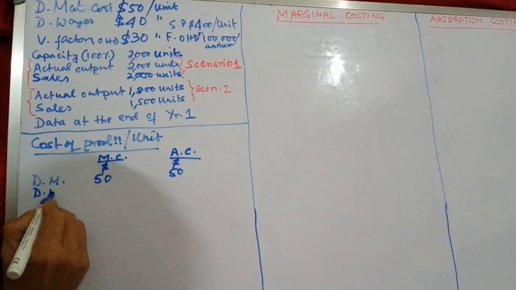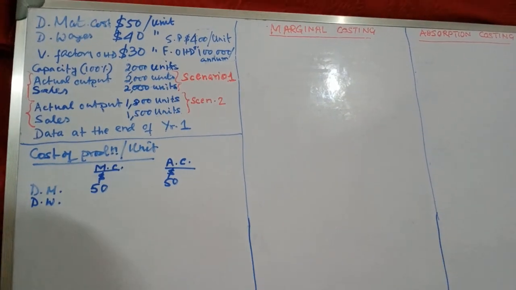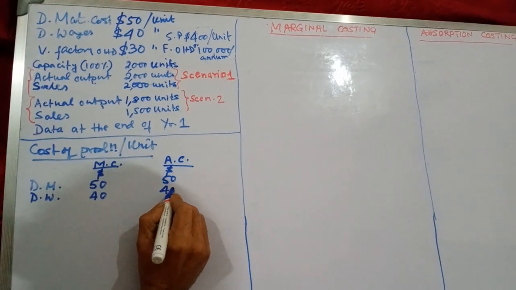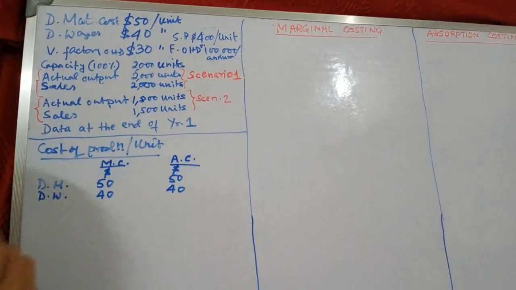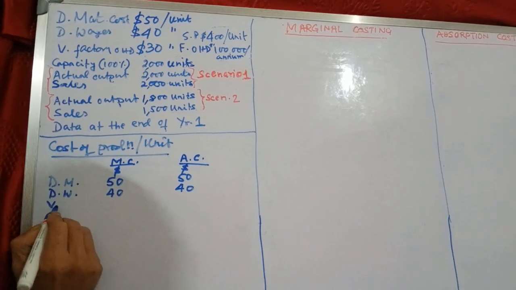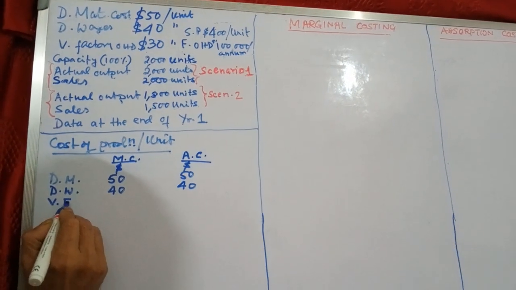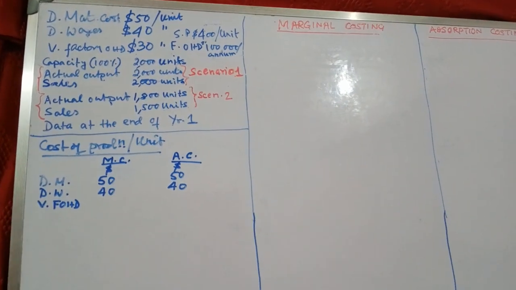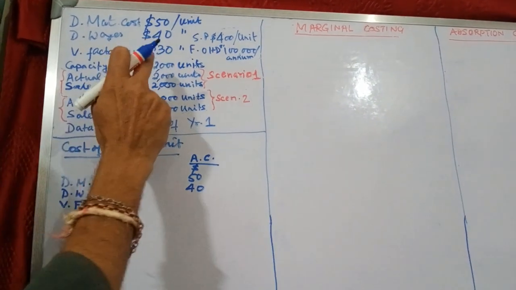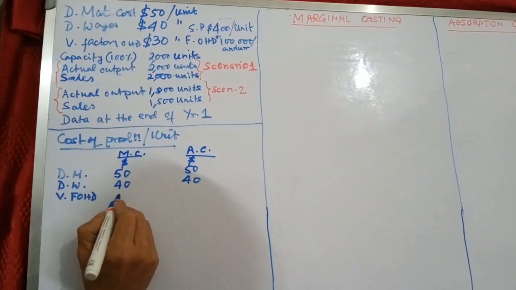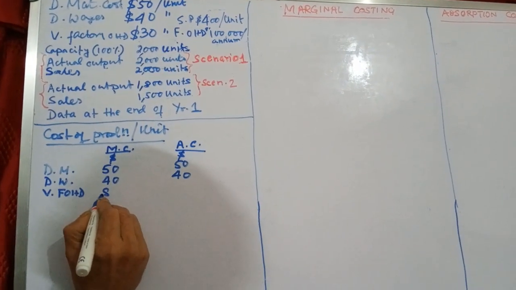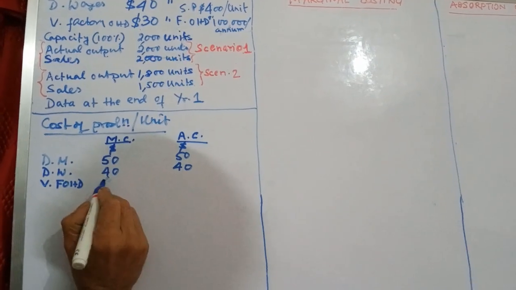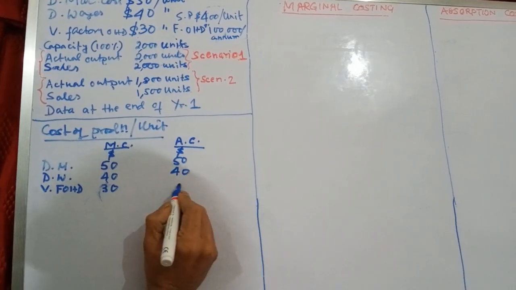Direct wages, DW, 40, here also 40. Variable factory overhead, where FOHD means factory overhead and V means variable, $30.